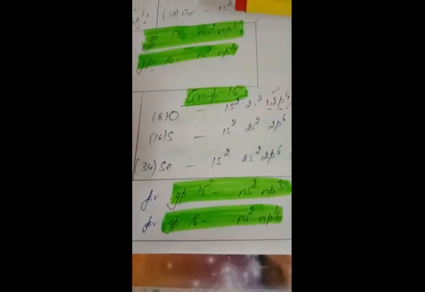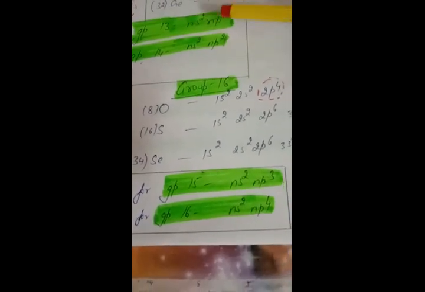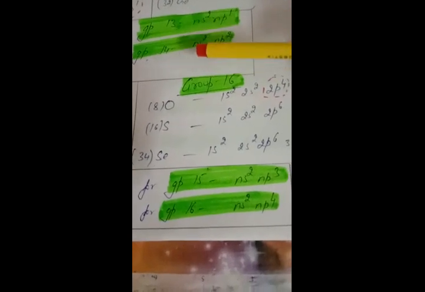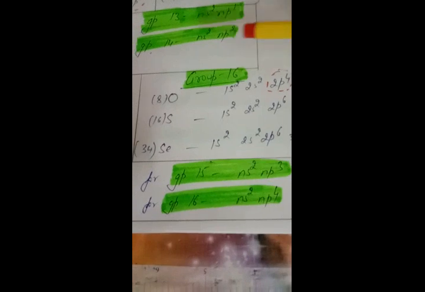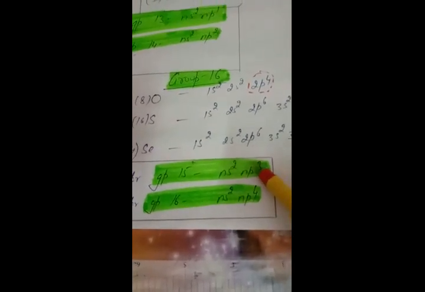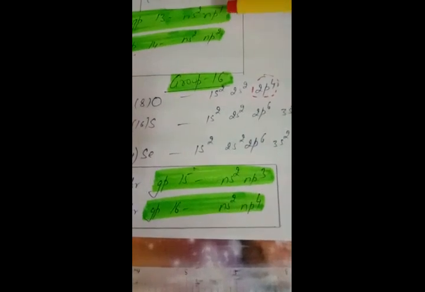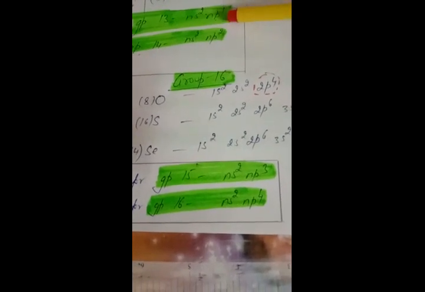Now you can see here the comparison. General configuration for group 13 is ns2 np1. For 14, ns2 np2. Now one more electron enters into p orbital. Next for group 15, the next electron enters into p. So now it is np1 in 13, np2 in 14, np3 in 15. Now for 16 it becomes ns2 np4.